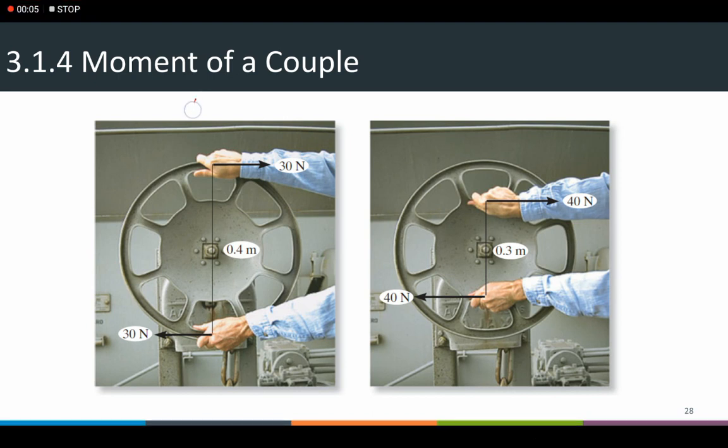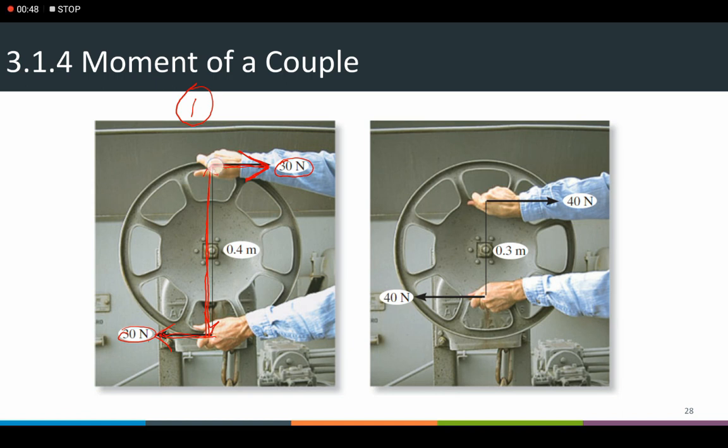Look at picture number 1. You can see there are two forces here. The first to the right 30 Newton and to the left 30 Newton, with distance 0.4. So to answer this question, this is a moment of a couple because two forces are in opposite directions and have a perpendicular distance.